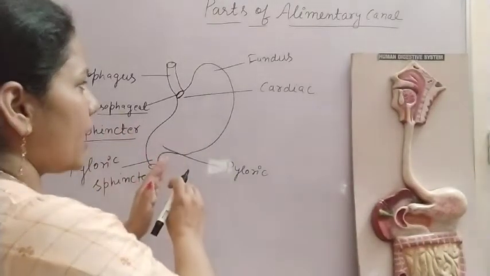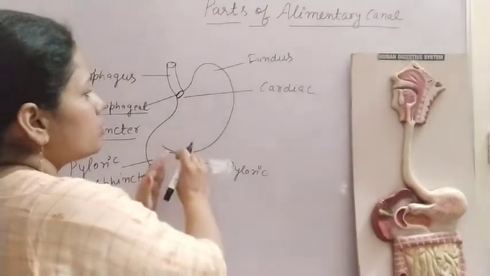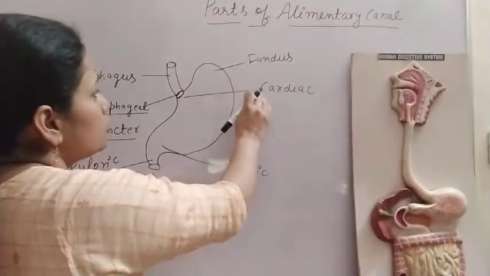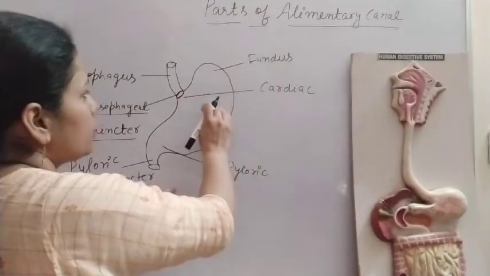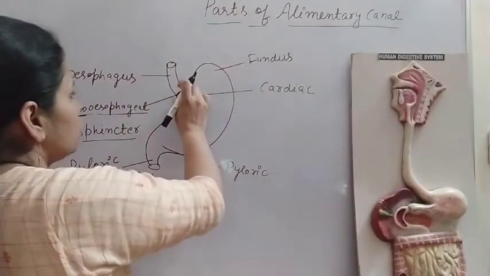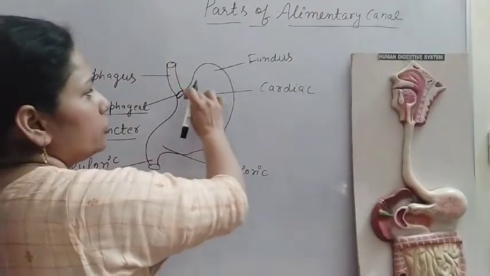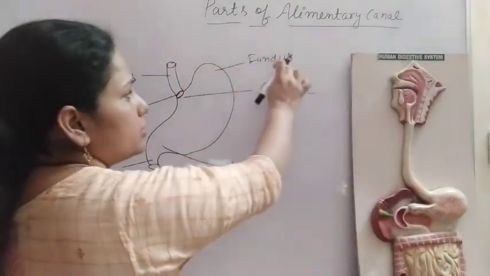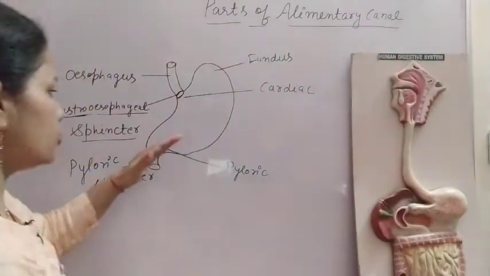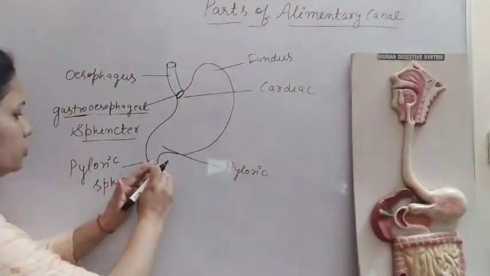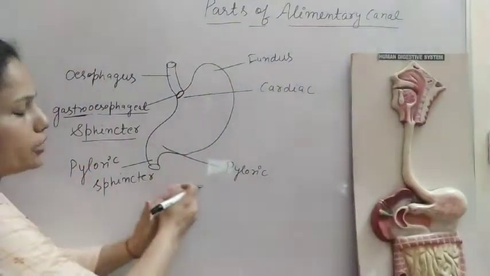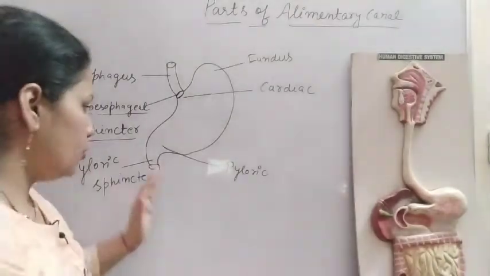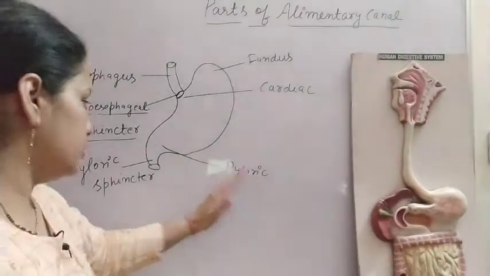and the stomach has three parts. The first is the cardiac part, which is the part of the stomach directly attached to the esophagus. Then the body of the stomach, the fundus part, and the part of the stomach which is attached to the first part of the small intestine, known as the pyloric.